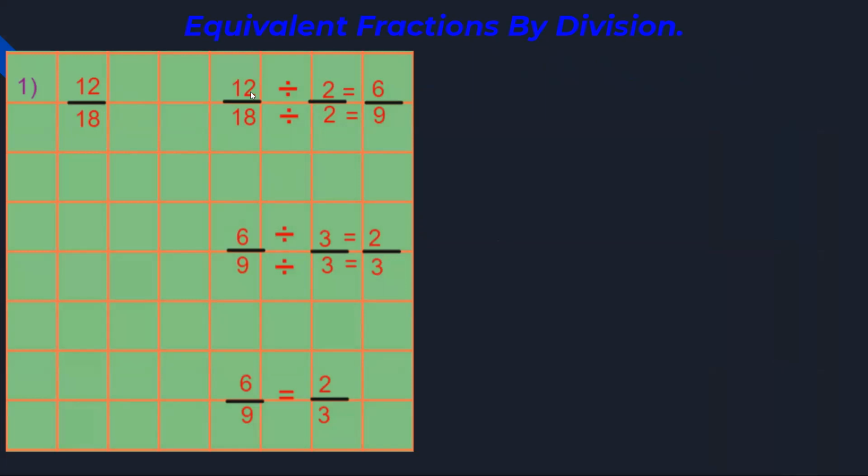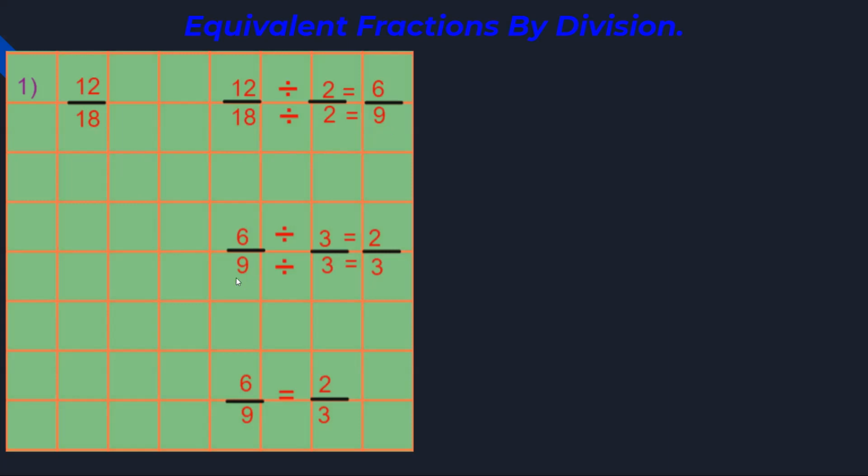And we know that 12 and 18 both are divisible by 2. So we divide by 2. 12 divided by 2 upon 18 divided by 2 equals 6 upon 9. Now we got one fraction, that is 6 upon 9, an equivalent fraction of 12 upon 18.